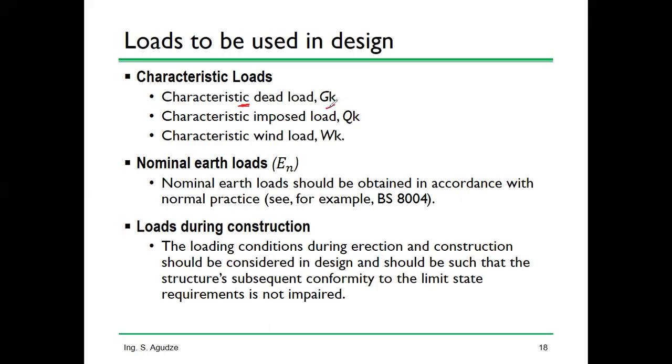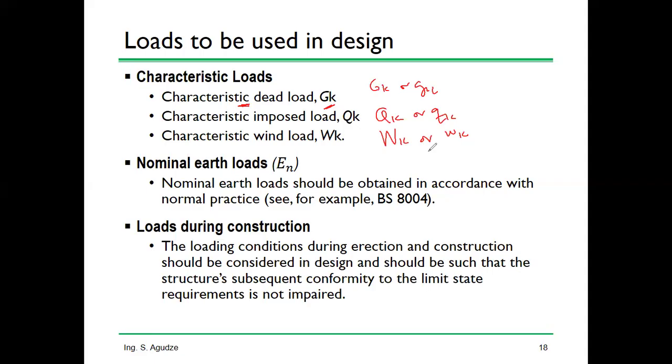Note it. I know you know this. Dead load is what? Gk, or small gk. Imposed load is Qk, or small qk. And then wind load Wk, or small wk.